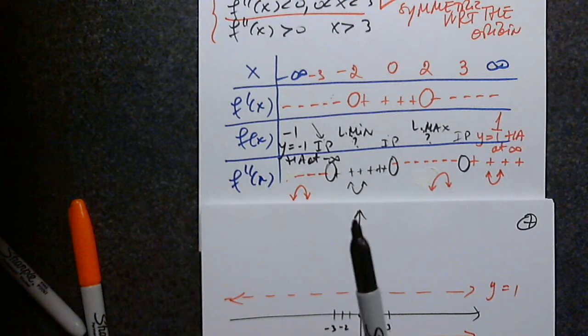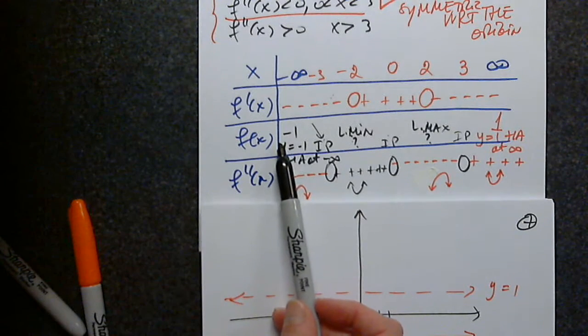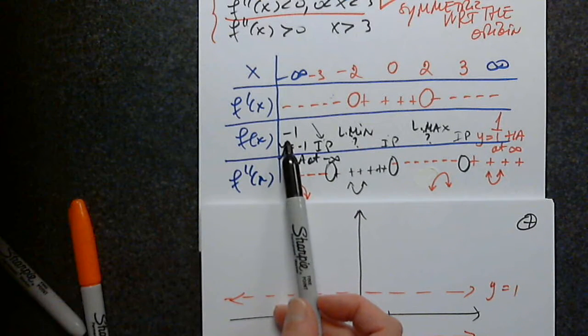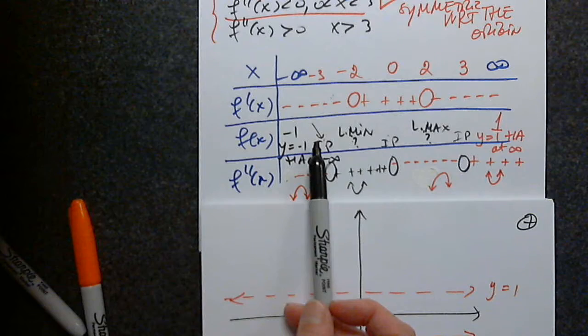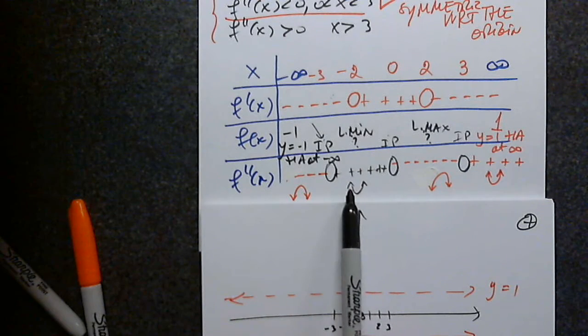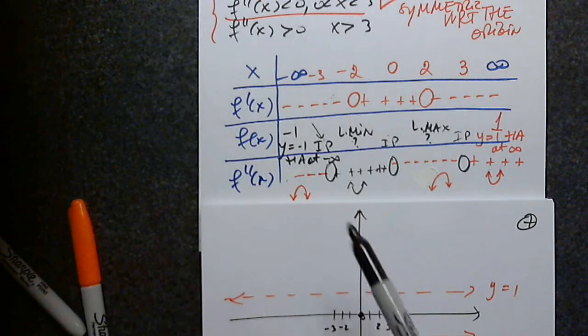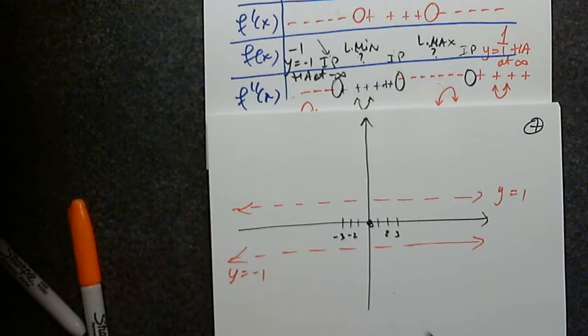Okay, so let's see what we have. So it's decreasing from -1 to an inflection point, and then all of a sudden it changes concavity and it goes to a minimum.